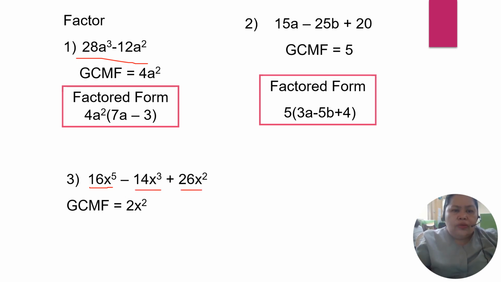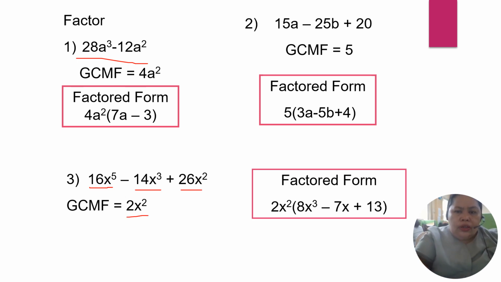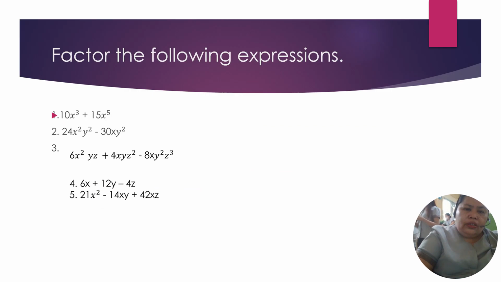The GCMF is 2x squared. This is the factored form: 16 divided by 2 is 8, then subtract the exponents, 5 minus 2 is 3. 14 divided by 2 is 7, and 3 minus 2 is 1, giving x. And 26 divided by 2 is 13. Okay, that's it.